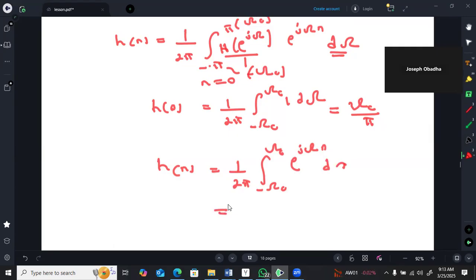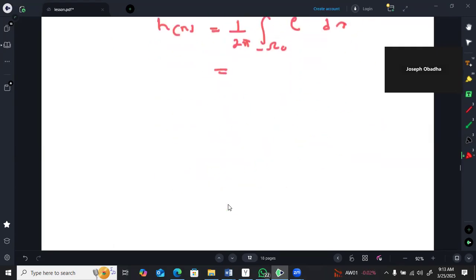If you integrate this, we'll basically get e^{j n omega} over j n, then substitute from minus omega c to omega c.